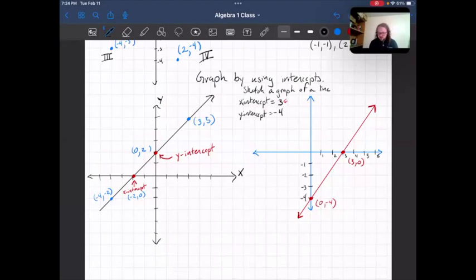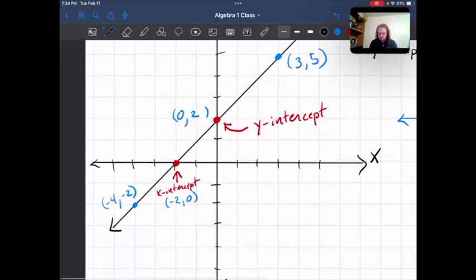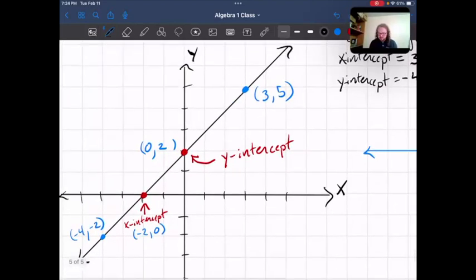there are different ways to describe this line. I want to look back at this one. I'm going to plot a few more points here, or write them out. When I'm looking at these points, I should hopefully begin to see a pattern.